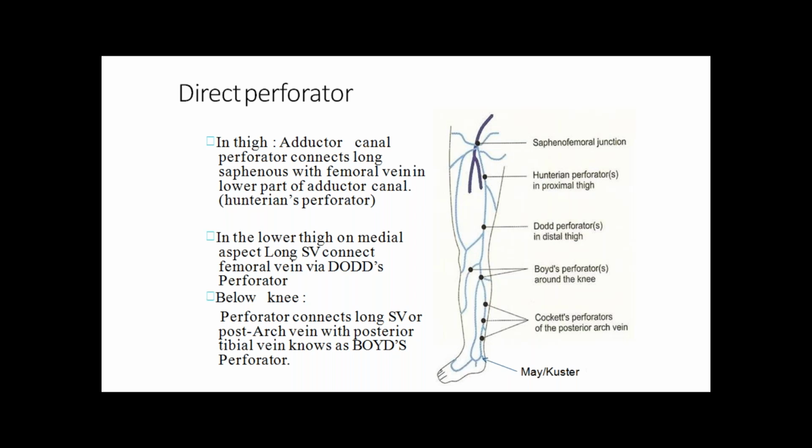Below the knee, the perforator connects the long saphenous vein or the posterior arch vein, a tributary of the long saphenous vein, with the posterior tibial vein, known as the Boyd's perforator, otherwise called the gastrocnemius perforator.